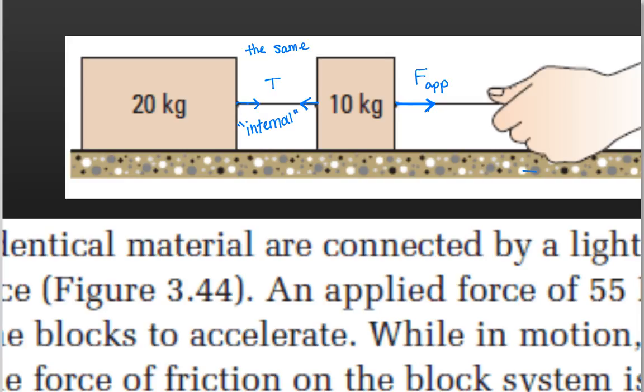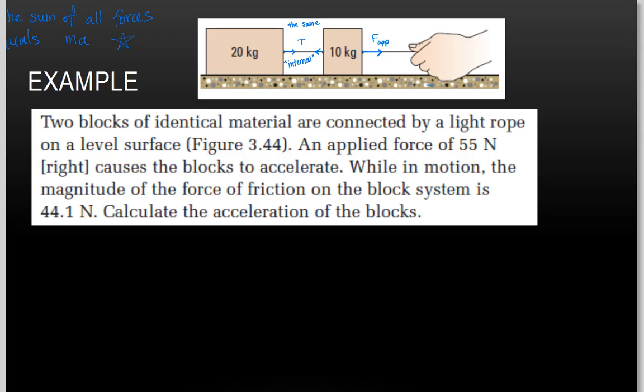We call it an internal force if we think of it actually as a 30 kilogram block. So that's a better way to think of it. It's a 30 kilogram block with that internal force essentially canceling itself out, and you don't have to worry about it.